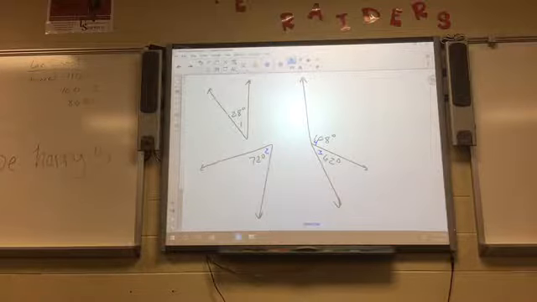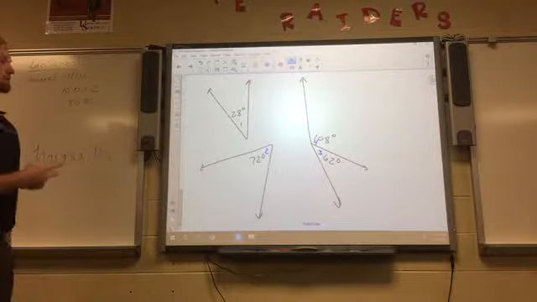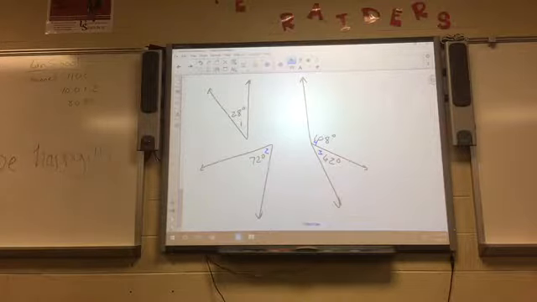Does everybody agree with that? And he knew that because he was trying to find two that added to 90 degrees. Casey, a pair of supplementary. 108 and 72, which would be 2 and 4, right? Because he's trying to get them to add to 180 for supplementary.